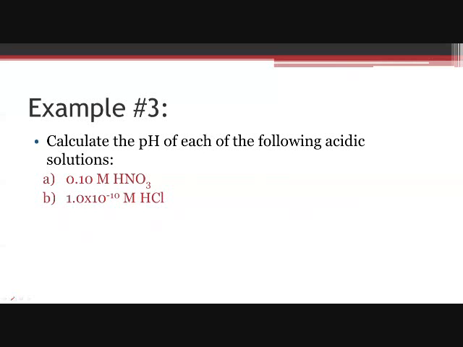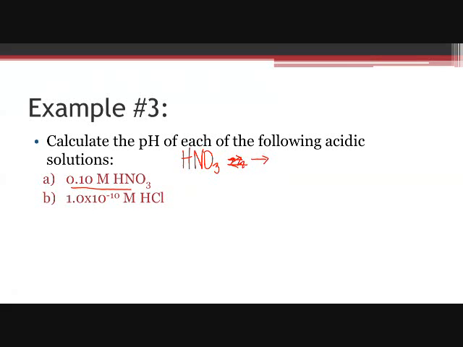So if we have a 0.1 molar solution of nitric acid for A, then we want to know the pH of that. And if you look after the example, I have a list of strong and weak acids. So nitric acid is a strong acid. So we assume that it will completely dissociate. So the dissociation of that, or the net ionic equation for that, it wouldn't be an equilibrium arrow.